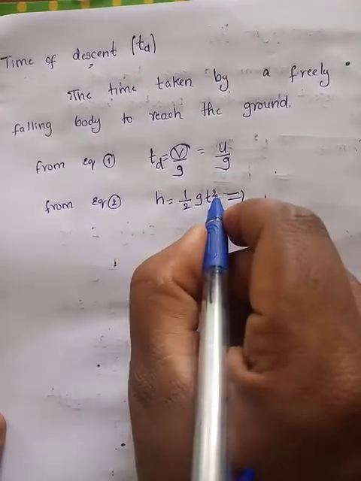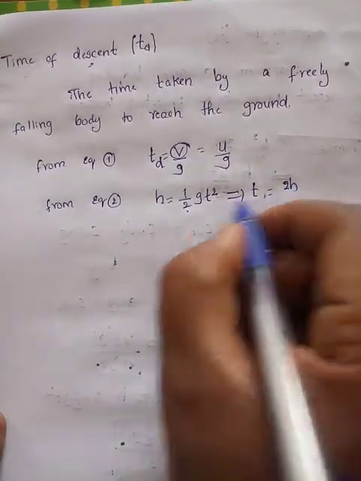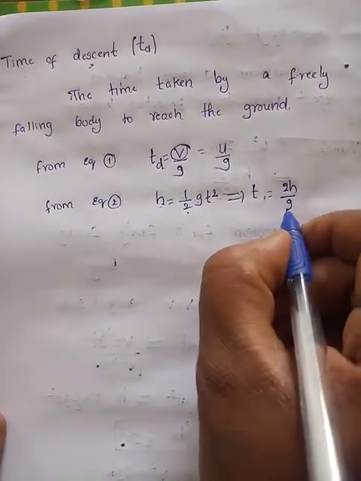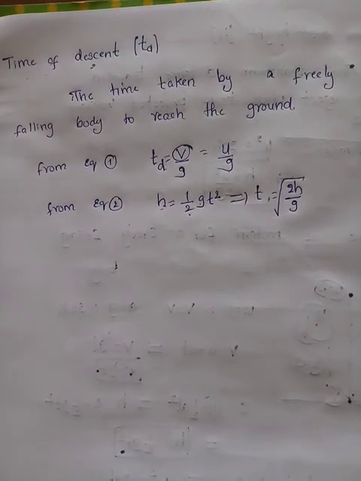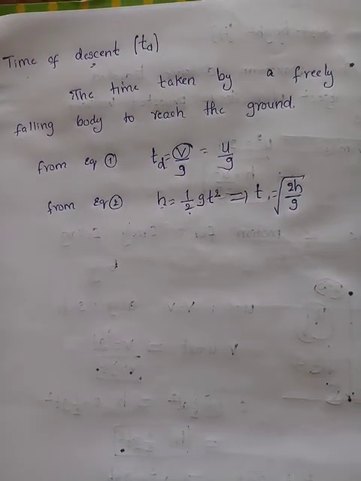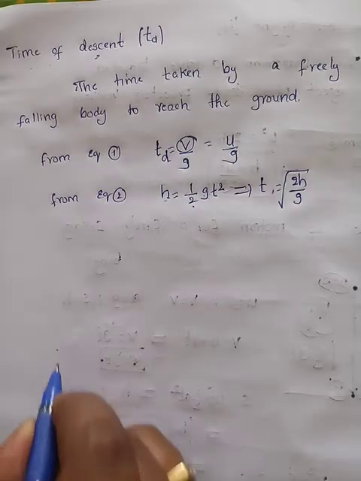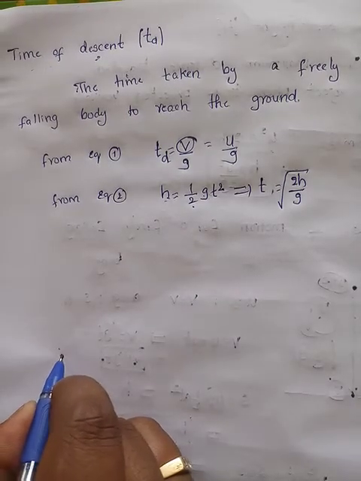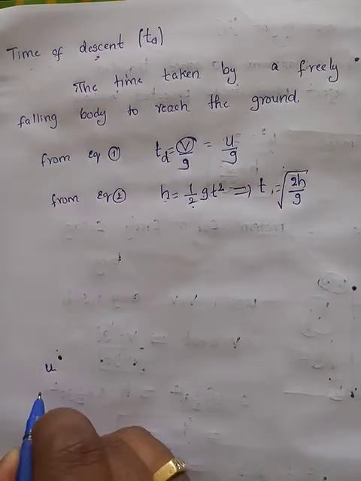From this I want t, so t equals root of 2h by g. So these are the two formulas that can be utilized to calculate time of descent. So here we learned time of ascent and time of descent. Now, for example, I will explain one very important thing: that I projected a body with a velocity u.